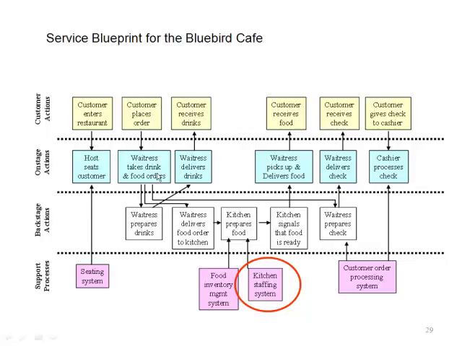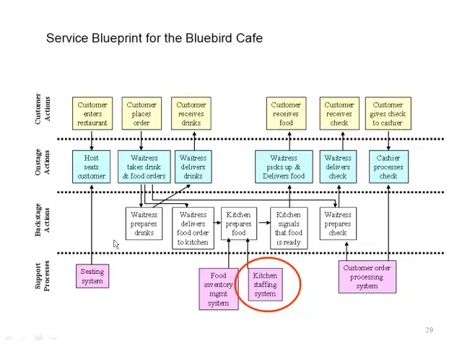If I'm looking at the second step here about taking the drink and food orders, how can I ensure that I get that information correct and don't make errors? How can I make sure I deliver the right food to the right person at the table, et cetera, et cetera. So I can think about how I design these on-stage activities in such a way that that line of interaction takes place seamlessly without any errors.